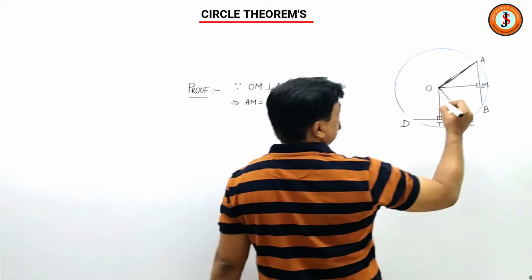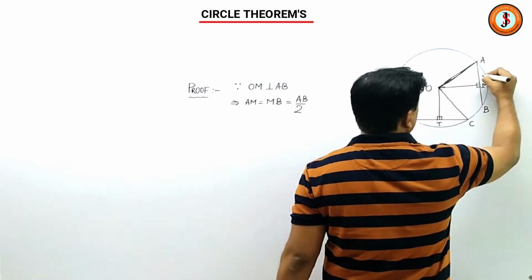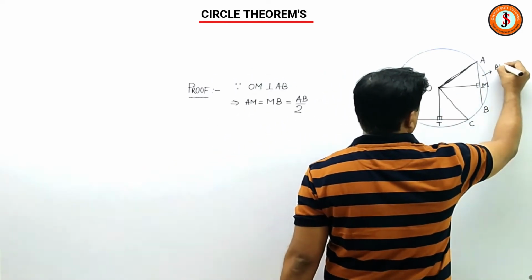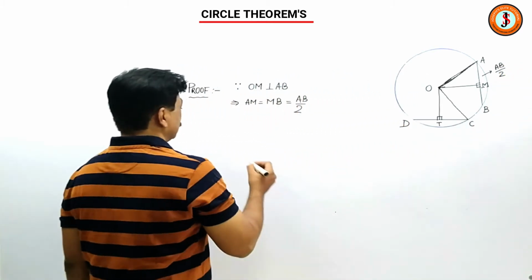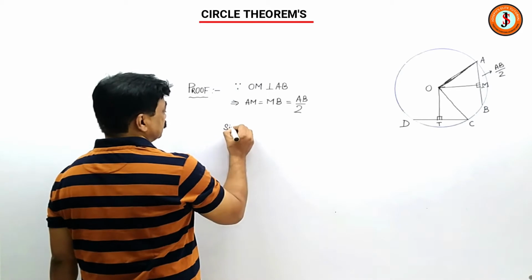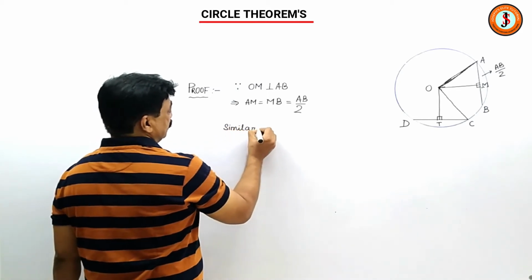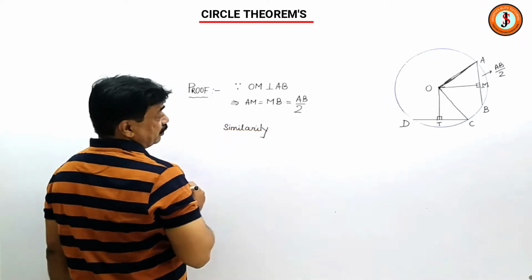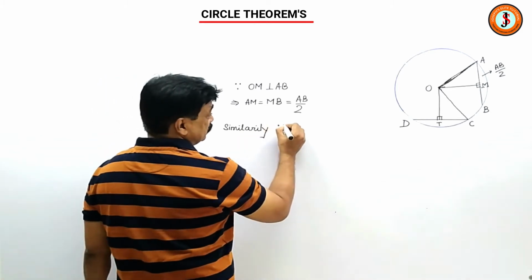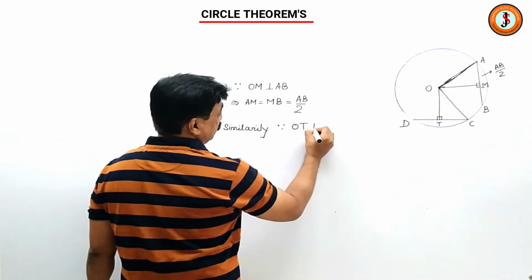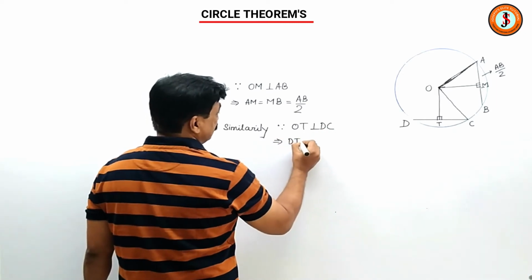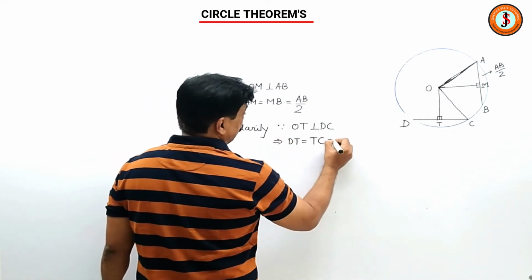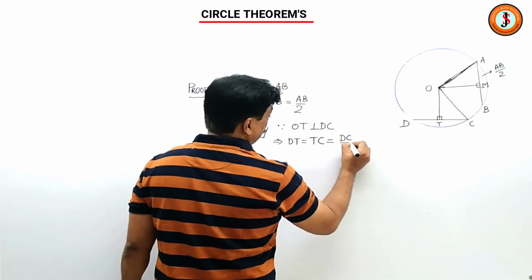So AM is equal to half of AB. Similarly, we can write, since OT is perpendicular on DC, this implies that DT is equal to TC is equal to DC by 2.